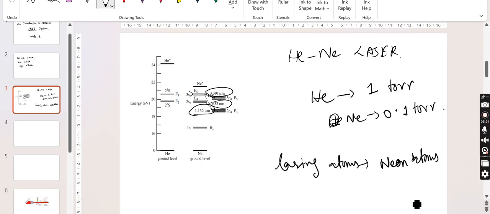Helium is used for selective pumping of the upper laser level of the neon atoms.